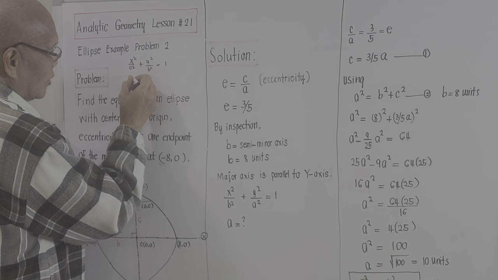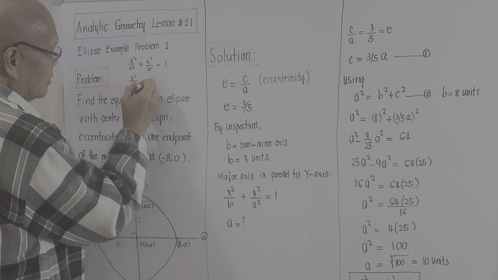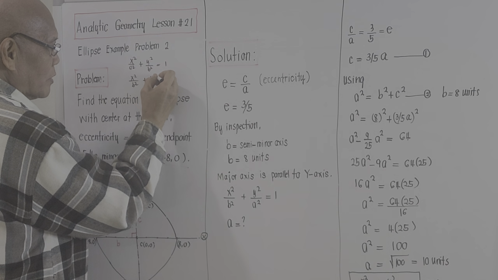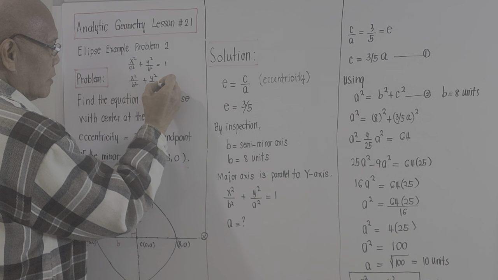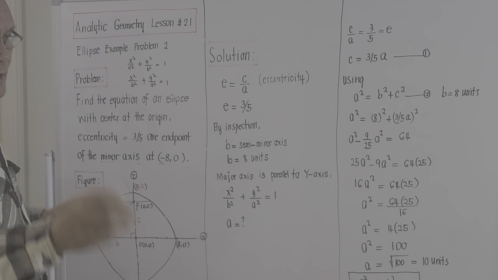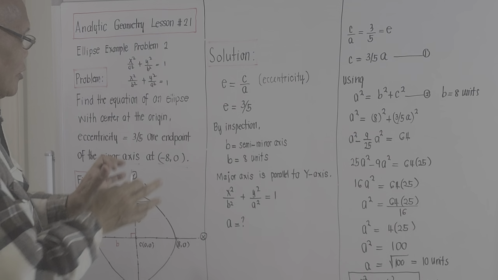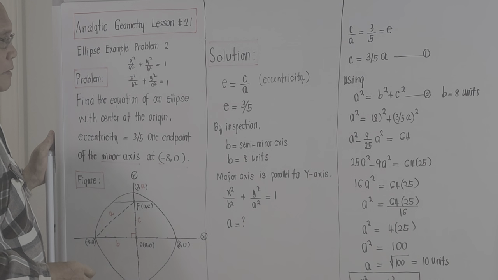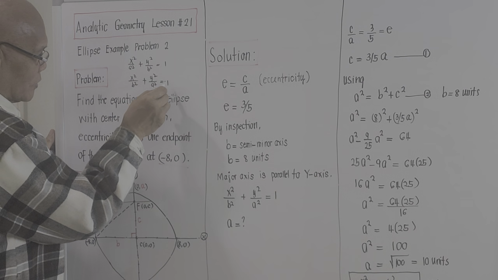And the second one will be x squared over b squared plus y squared over a squared, and this should be equal to 1. The problem is asking what will be the required equation with the given condition. Okay, I think we will be using this equation here.